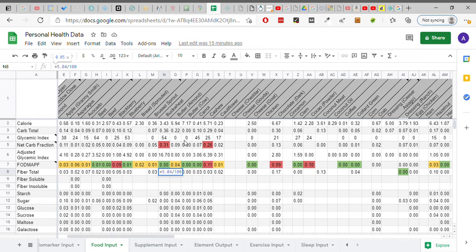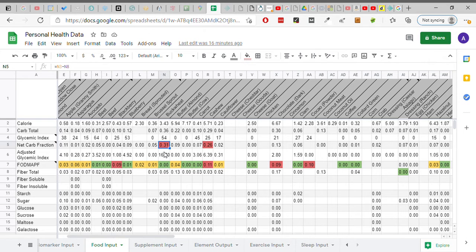Then we're going to calculate the net carb fraction. All that is, we're going to take cell N3 and subtract cell N8. So we're taking the total amount of carbs in a gram of buckwheat minus the total amount of fiber in a gram of buckwheat to get the total amount of net carbs in a gram of buckwheat, which is approximately 0.31.